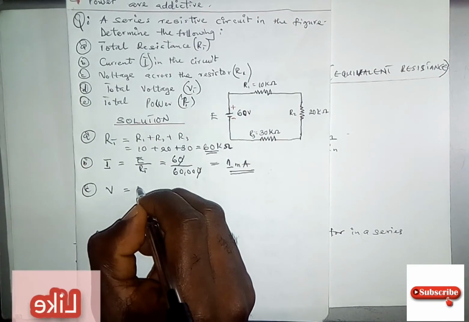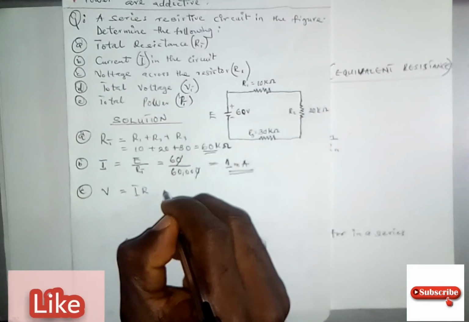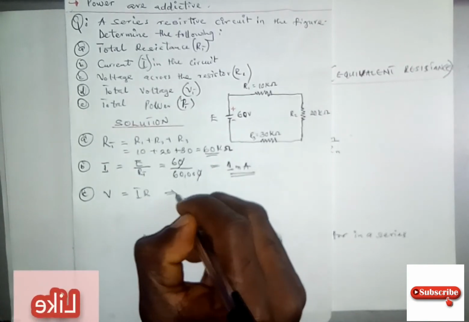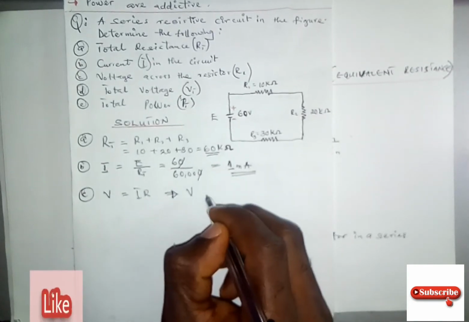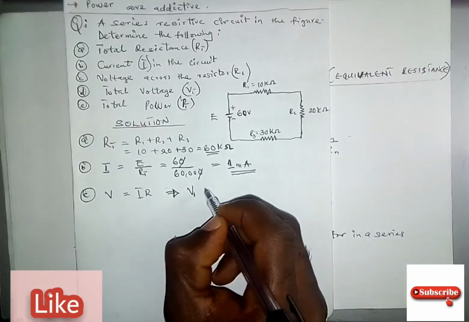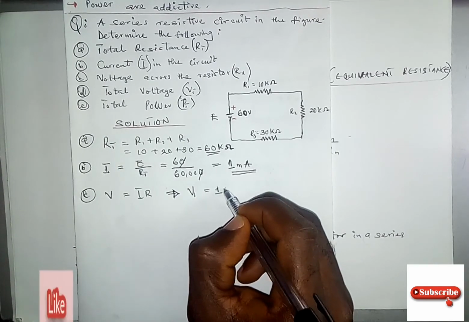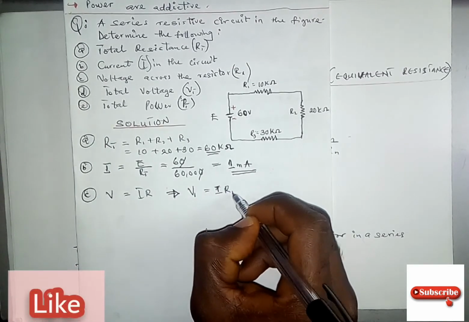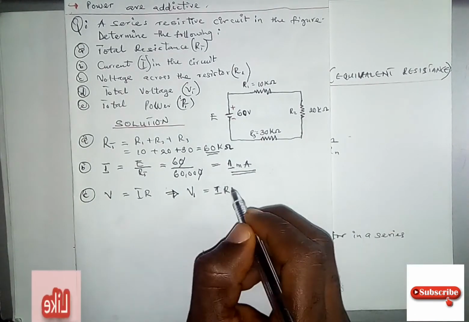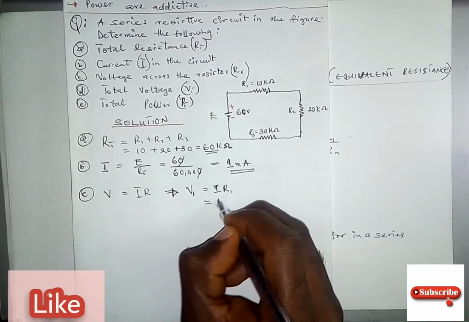From Ohm's law, V is equal to I R, and we know the value of our R. So V across R1, which is V1, is going to be I R1. Definitely it's going to be our I, which is 1 milliamp.